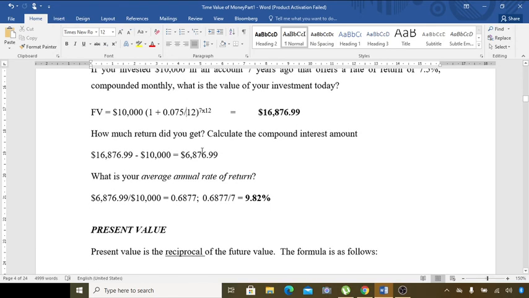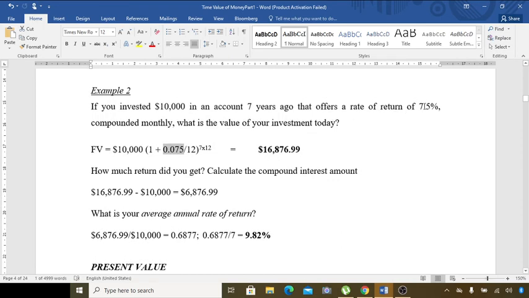So in this case, it becomes 10,000 times 1 plus 0.075, that is your stated interest rate. It's just that in this case, it is called rate of return, which is actually the interest rate, your J, divided by M. M is 12 because it is compounded monthly.